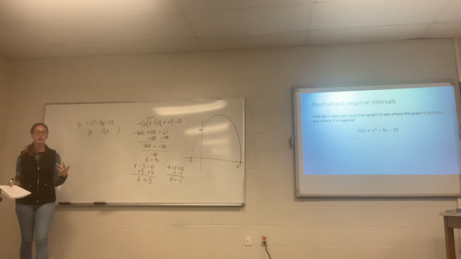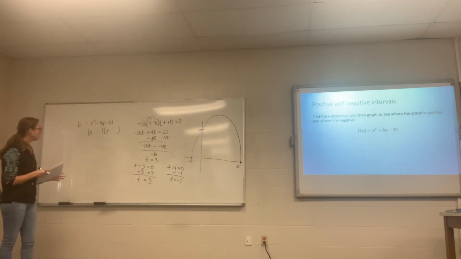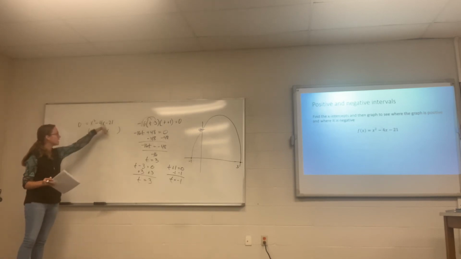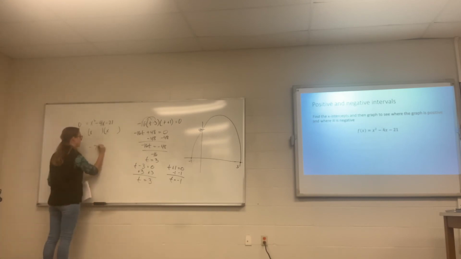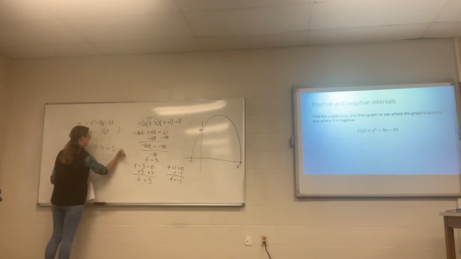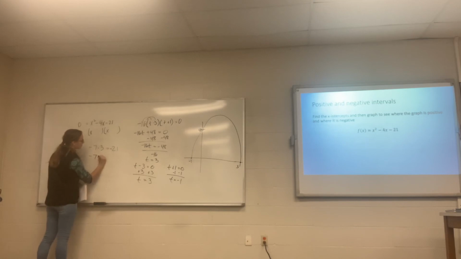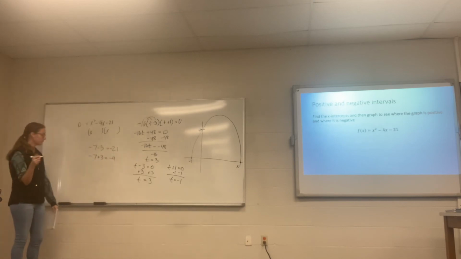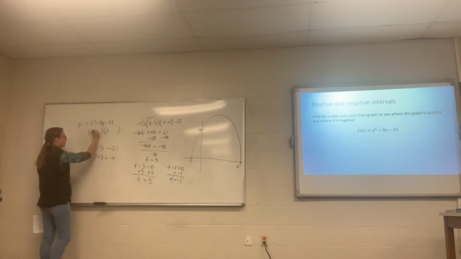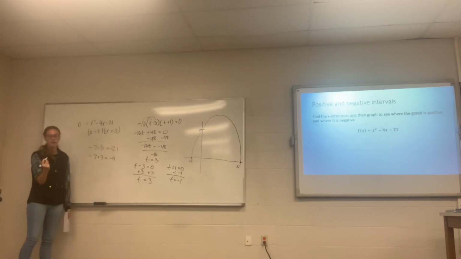When I see 21, I automatically think 7 and 3. In terms of multiplying, I need it to be negative. So if I have negative 7 and positive 3, negative 7 times positive 3 gives me negative 21, and negative 7 plus 3 gives me negative 4. So I should have negative 7 and a positive 3.